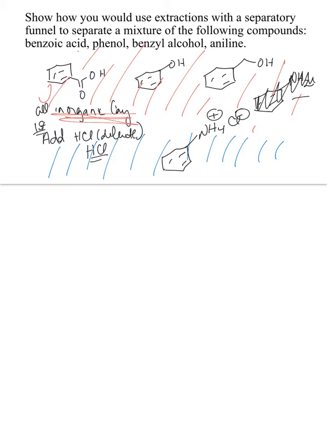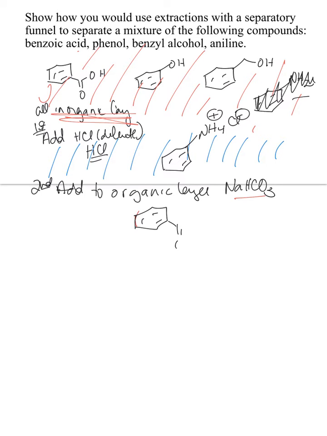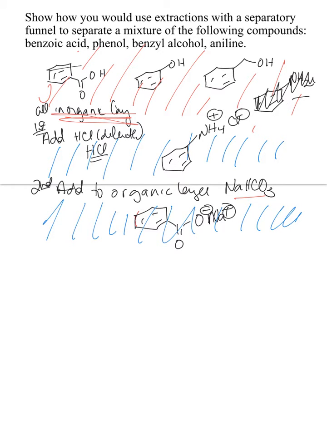Okay. Then the next thing you want to do, so the second thing you're going to do is you're going to add to your organic layer sodium bicarbonate. And that's a weak base. And you're going to get deprotonation of only your carboxylic acid. Okay, so now this is going to go into the water layer because it's charged. So now you've washed that and your carboxylic acid's gone.